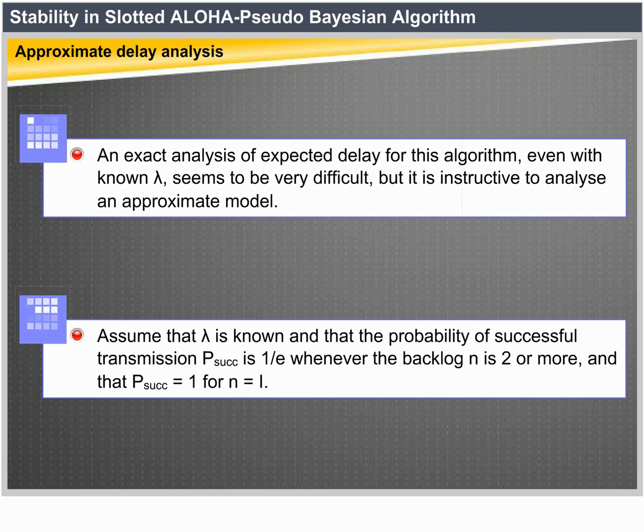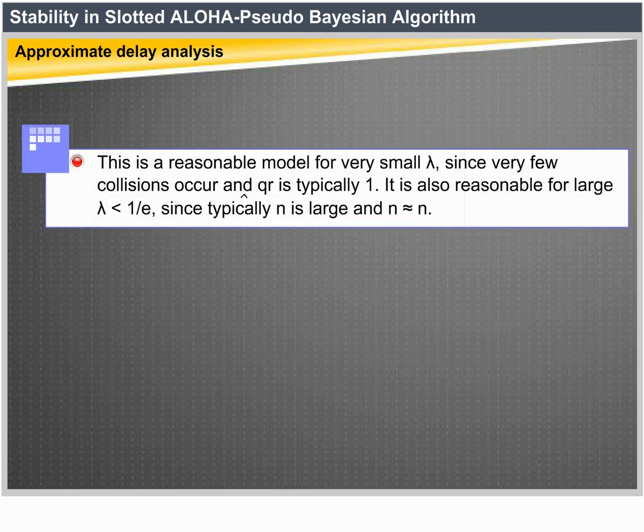This is a reasonable model for very small λ, since very few collisions occur and n̂ is typically 1. It is also reasonable for large λ less than 1/e, since typically n is large and n̂ approximately equal to n.